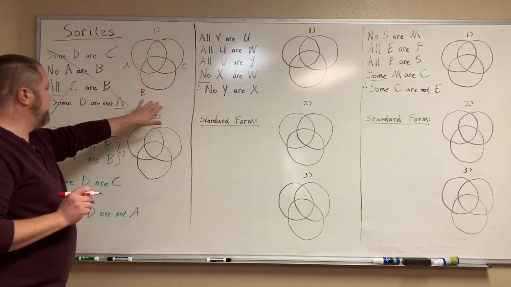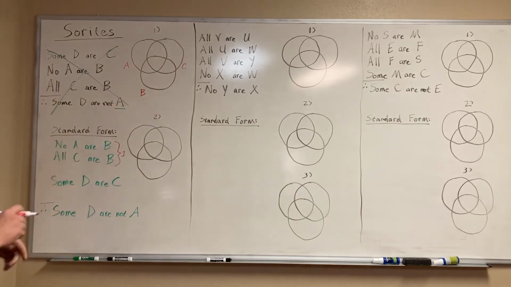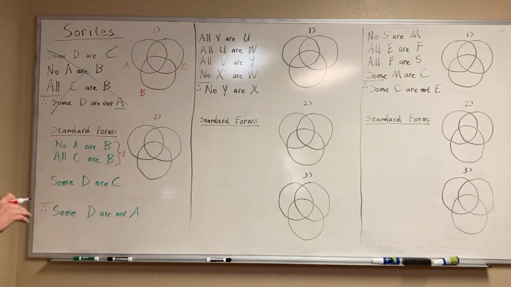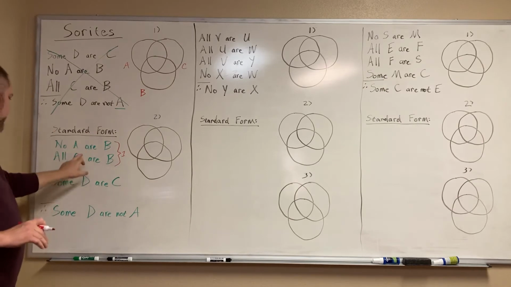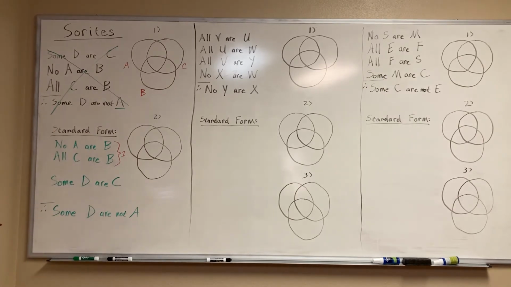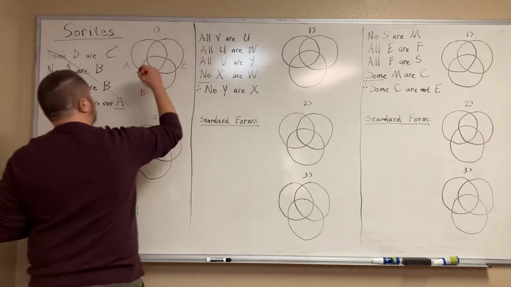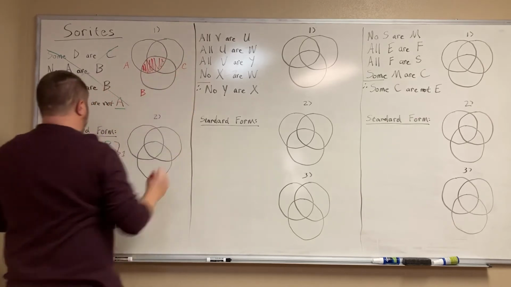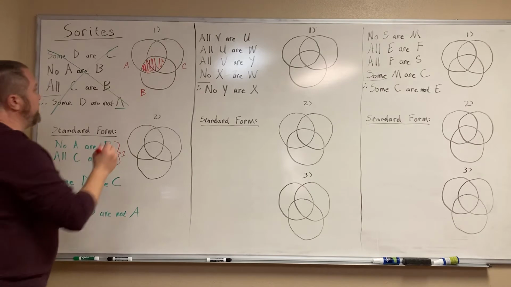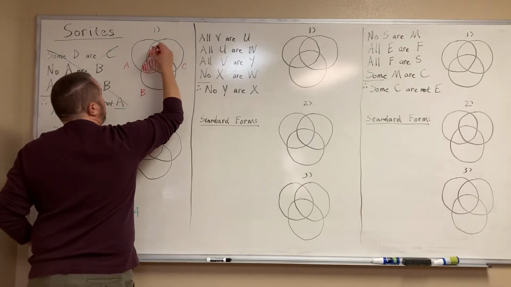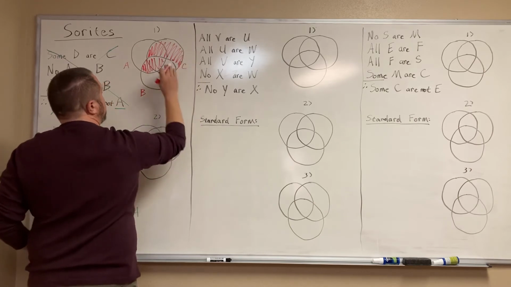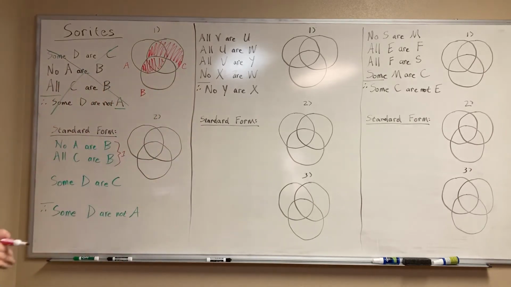But with Sorites, as long as you get the middle term in the middle, it's not too important. I just go with the first and the second there. So no A or B, we shade out and eliminate the football between A and B. All C or B, we eliminate the top right crescent so that all C are part of B.